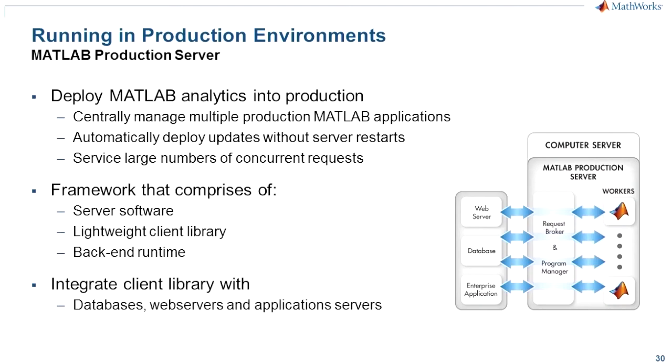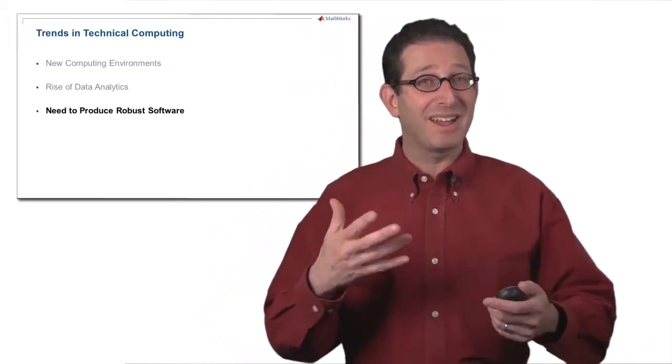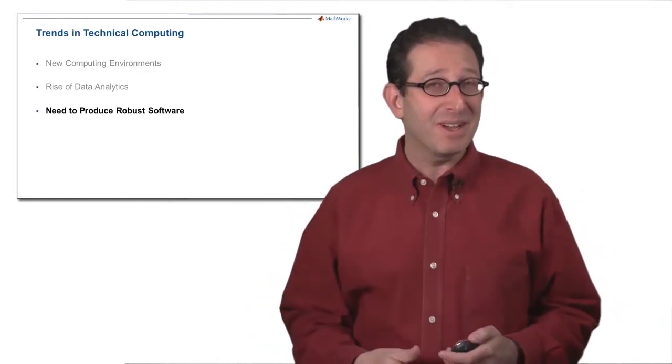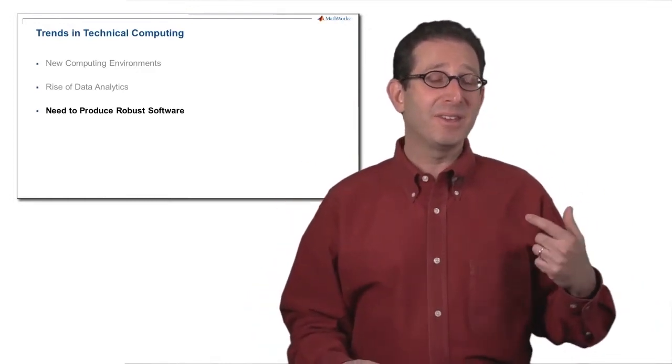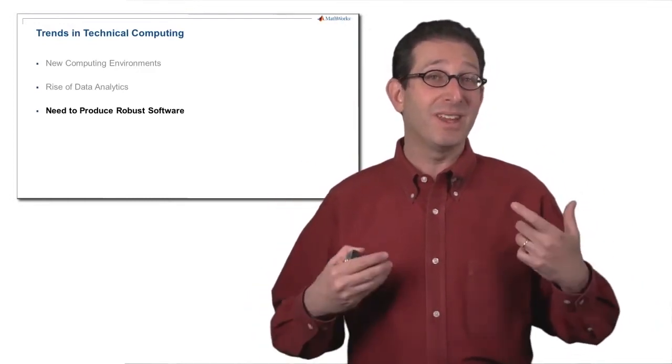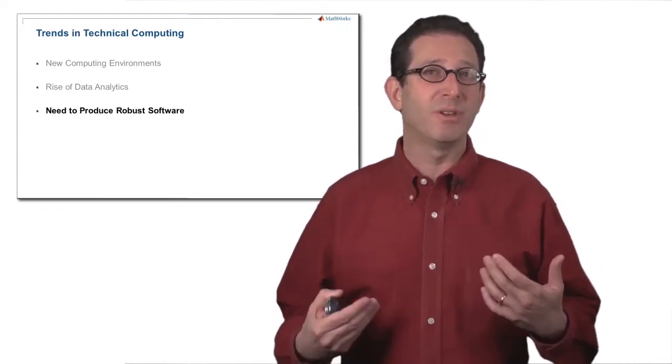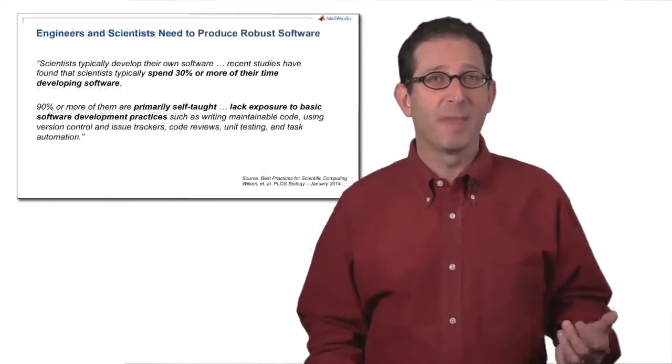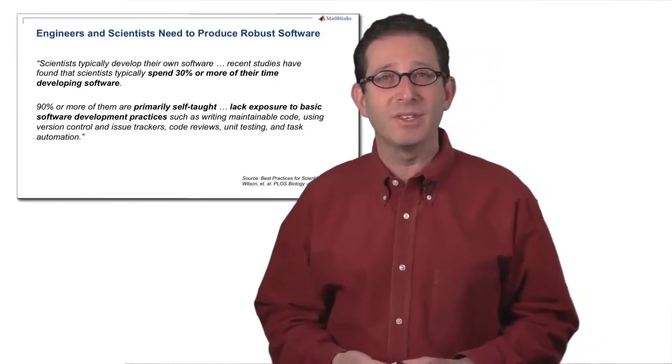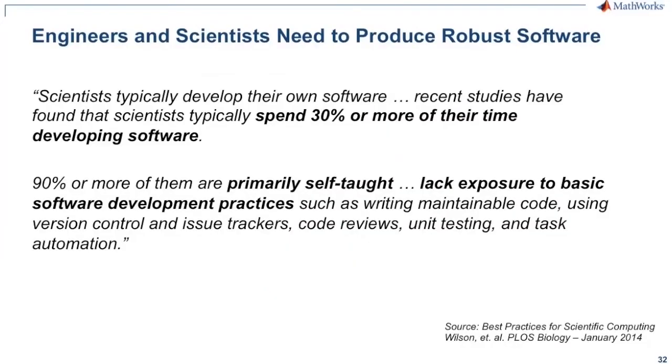Now, the third trend I want to talk about, and this is closely tied to production use, is that there's a real need for engineers and scientists to produce more robust software. There have been a couple of studies. This one, from Best Practices for Scientific Computing, recently published, talks about how scientists develop their own software and spend a significant amount of time developing that software.